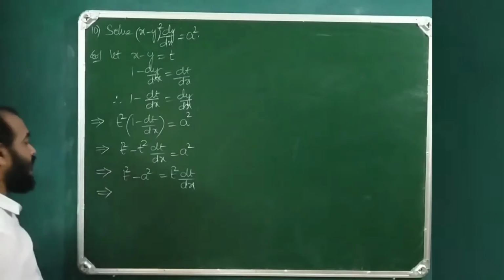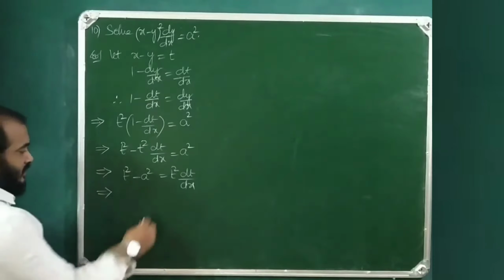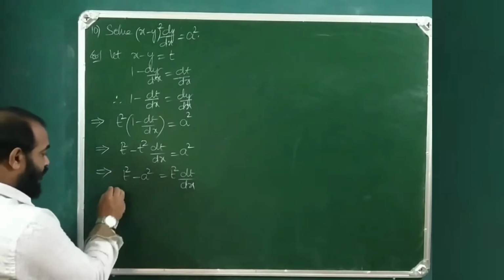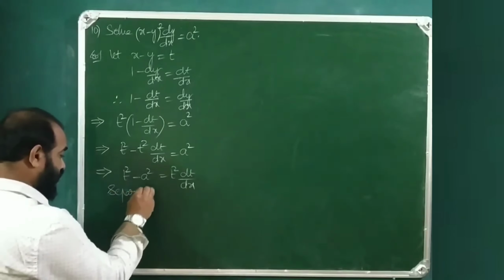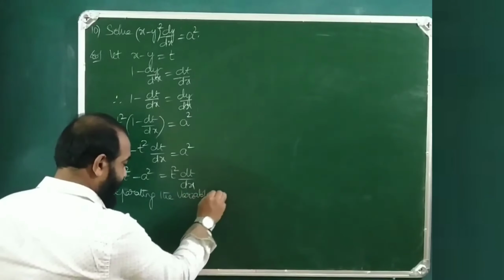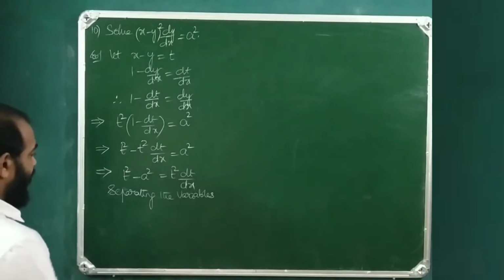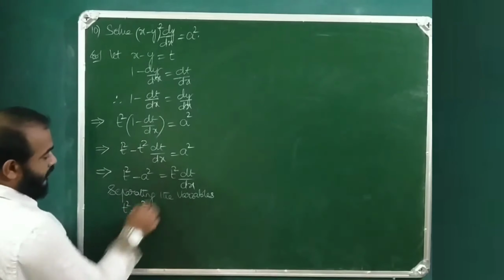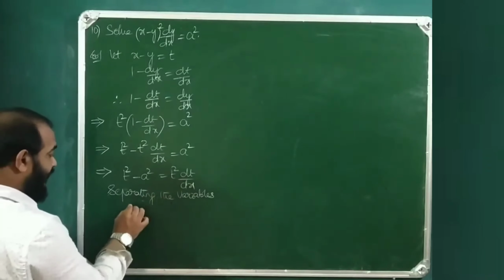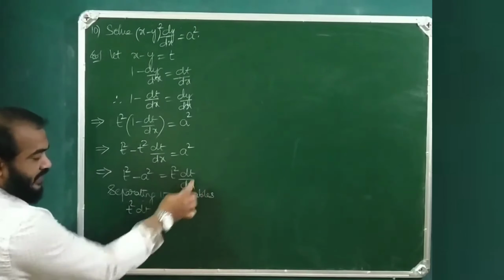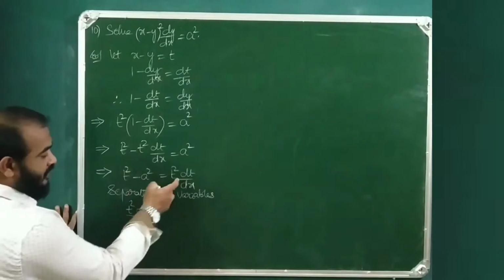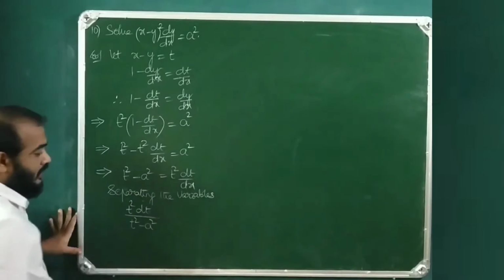So by separating the variables, we get t square dt divided by t square minus a square equals 1 dx.